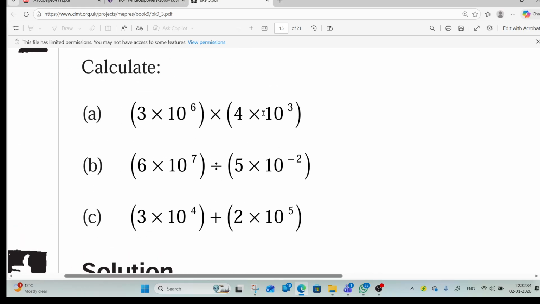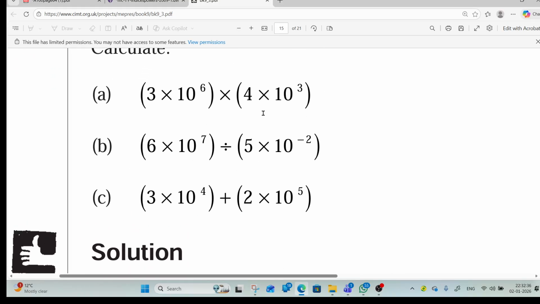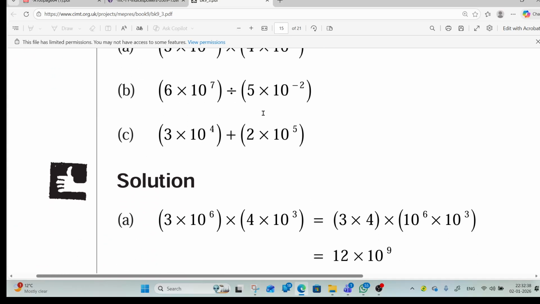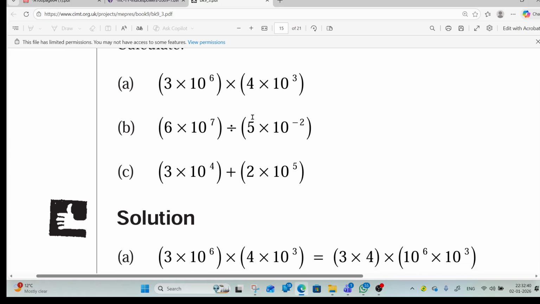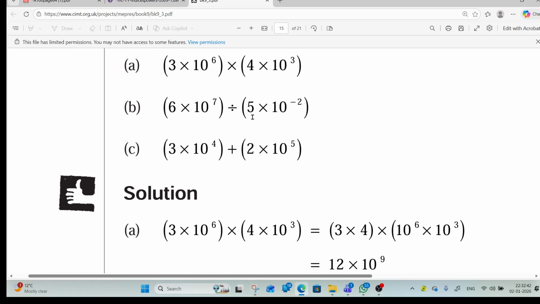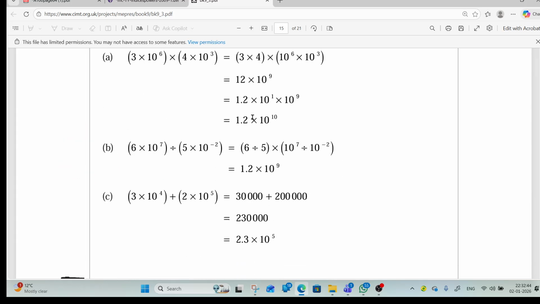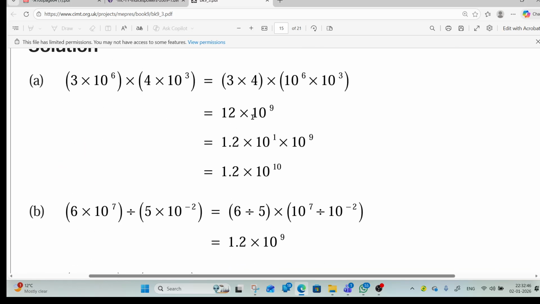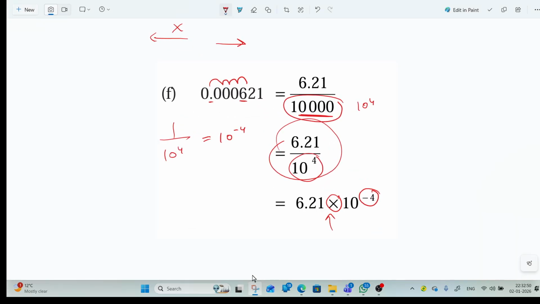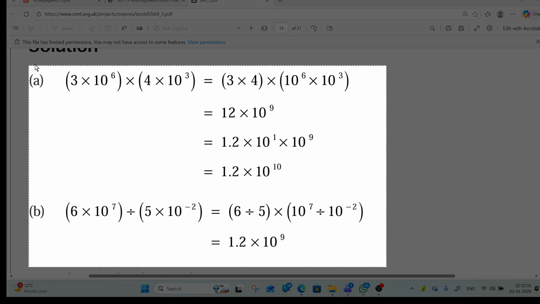Now, how do we multiply or divide numbers like this in standard form? To multiply or divide, you should know the exponent rules. If you know that, you can do it.